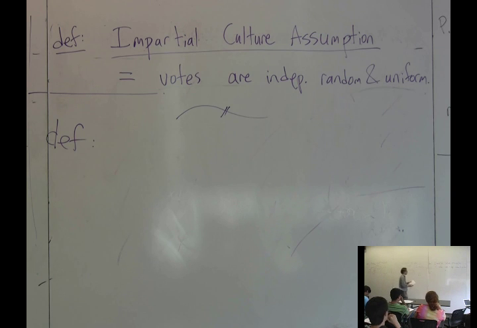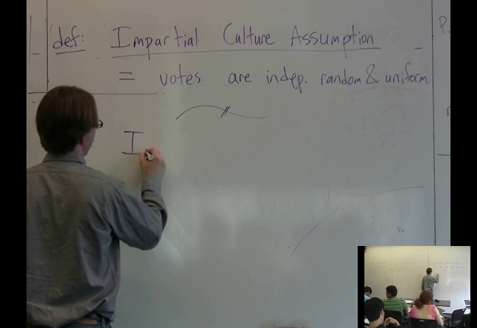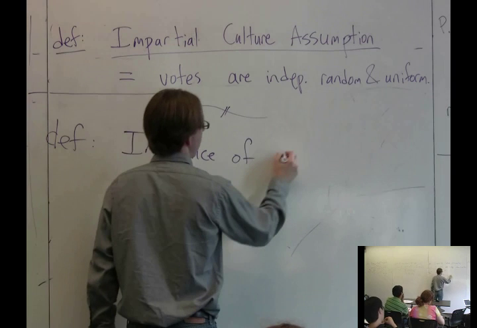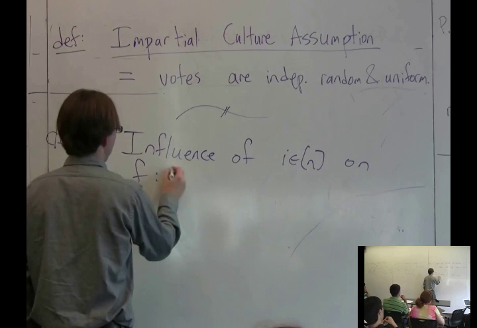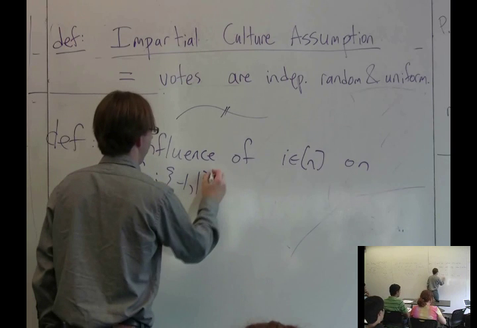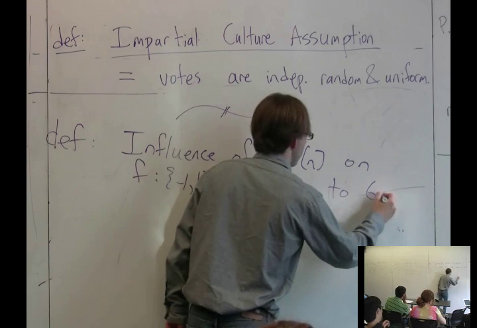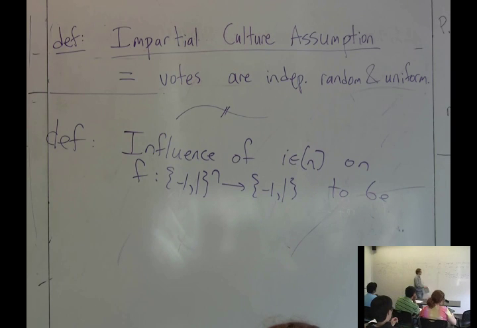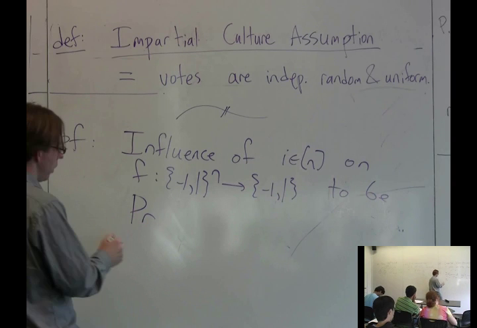So given a voting rule, we define the influence of voter I on a Boolean valued function f to be, basically, the probability under the impartial culture assumption that your vote is a swing vote, in the sense that if you had reversed your vote, it would have reversed the outcome of the whole election.